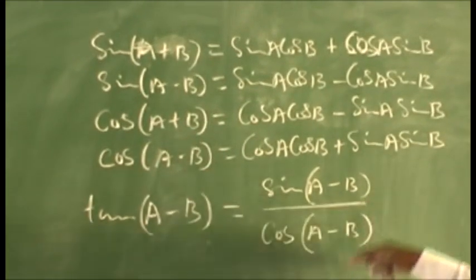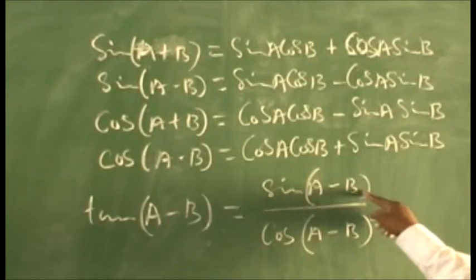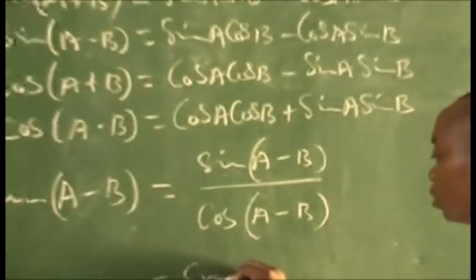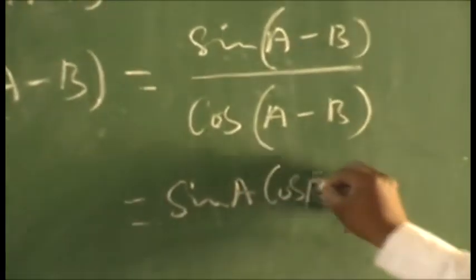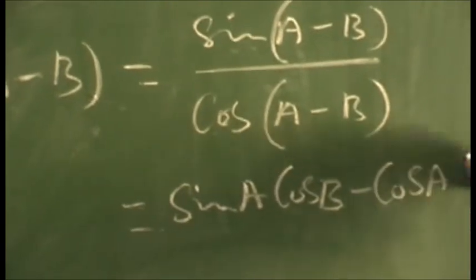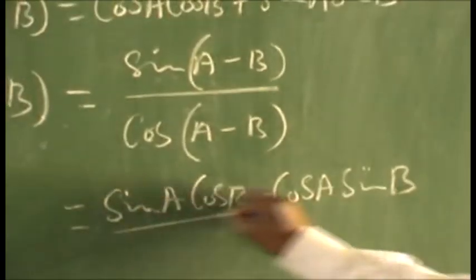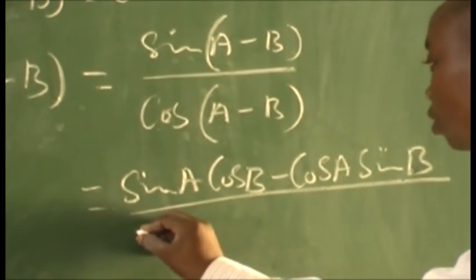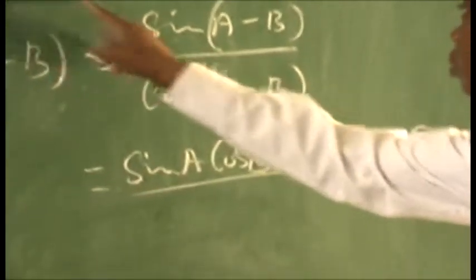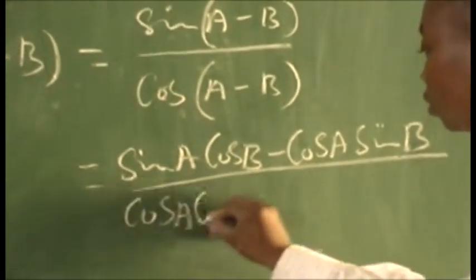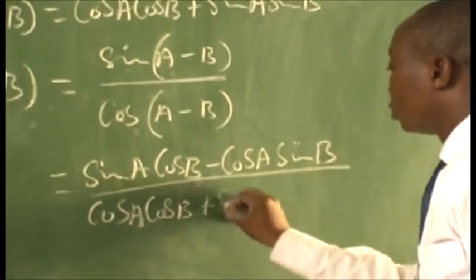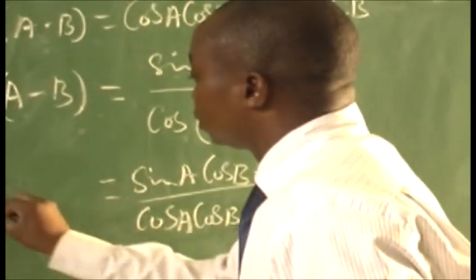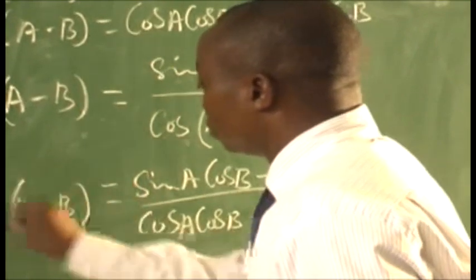But we know also that sin(A − B) is the same as sin A cos B − cos A sin B, over cos(A − B), which is cos A cos B + sin A sin B. So tan(A − B) is equal to this.